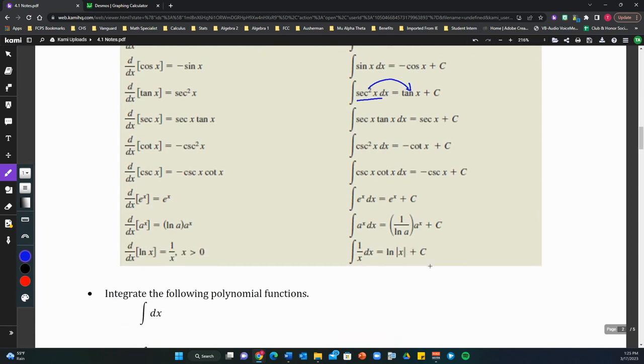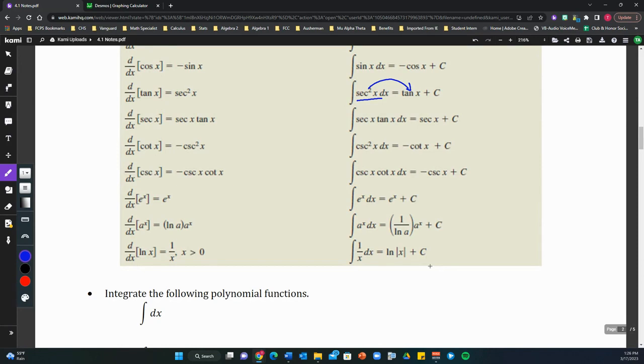Same is true for our other transcendental functions, our e to the x's, our non-base e exponential functions. Here again, everything is kind of opposite. If it was base a to the x, its derivative is still that exponential, but you multiply by natural log of the base.